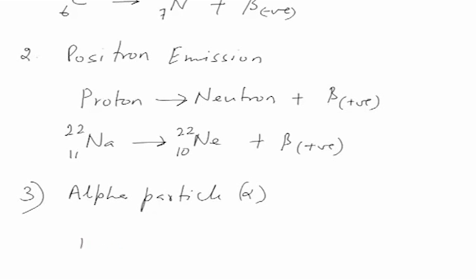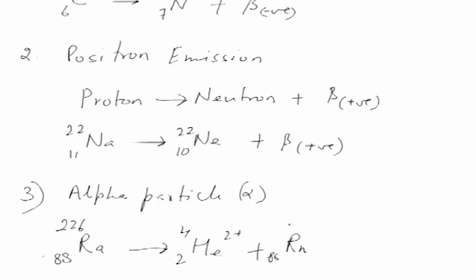For example, radium, which has atomic number 88 and atomic mass 226, is converted to a helium nucleus or alpha particle, with atomic number 2 and atomic mass 4, and it is, like I said, doubly charged, plus radon is created, which has an atomic number 2 less and an atomic mass 4 less.